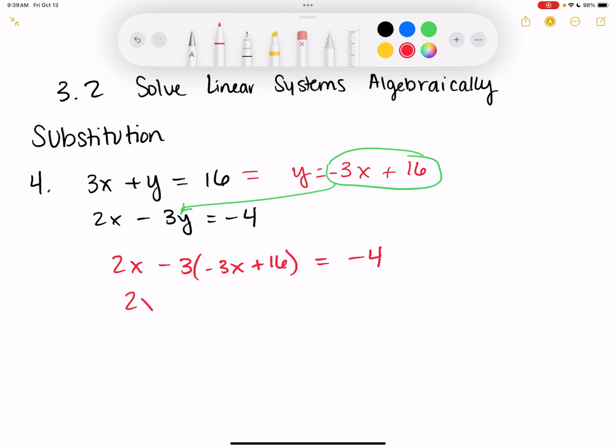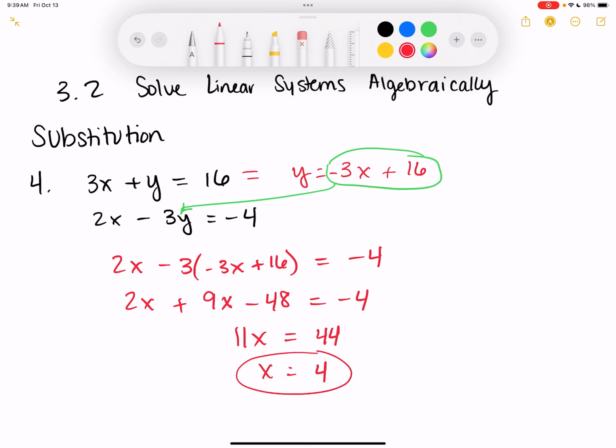So I've got 2x plus 9x minus 48 equals -4. So then I'm basically now solving for x. So 11x is equal to 44. So x is equal to 4.